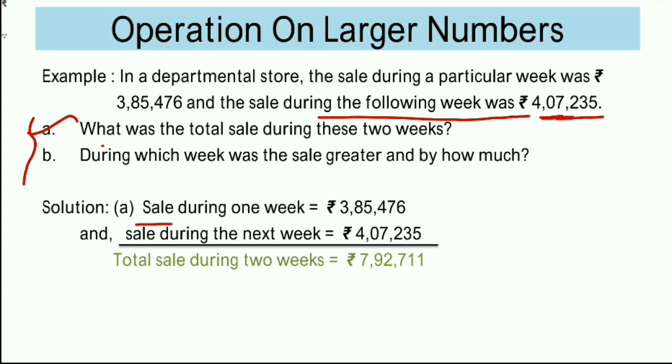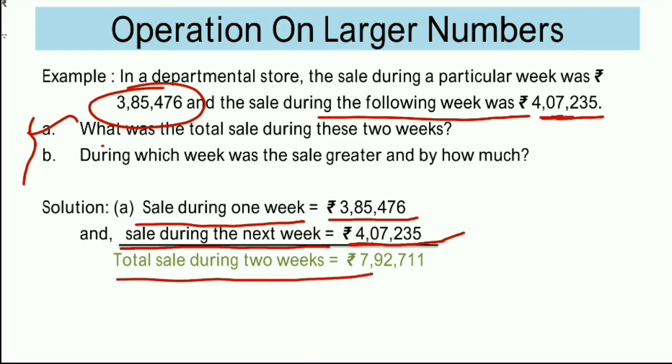The statement will be: the sale during the 1st week is equal to 3,85,476, and the sale during the next week, or second week, was 4,07,235. So how do you get the total sale? You will add these two data, then you will get the total sale in those 2 weeks.